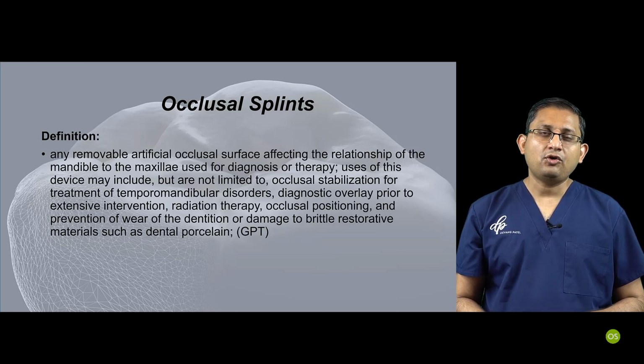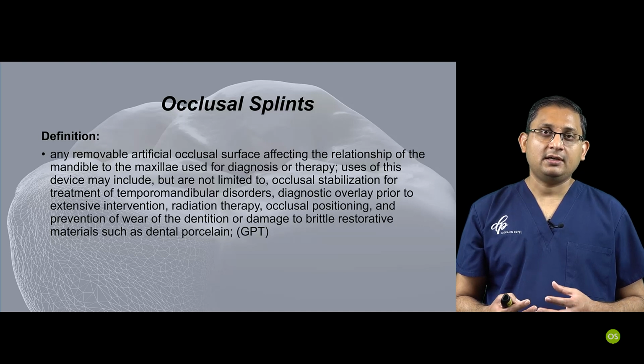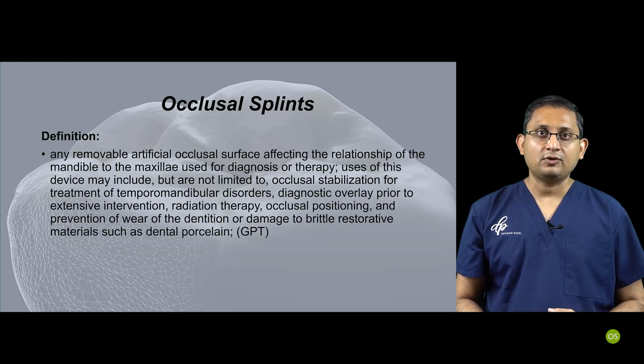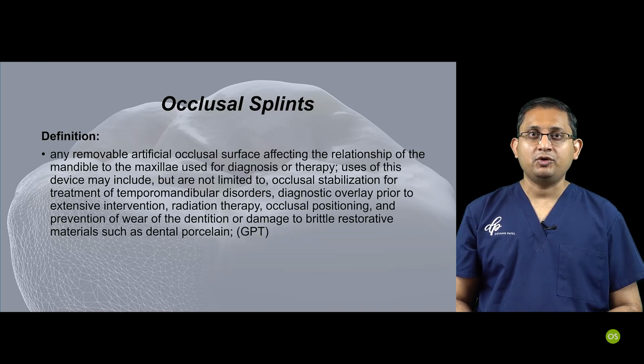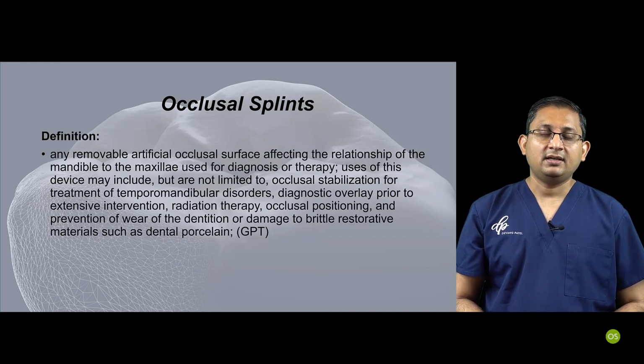So the definition almost includes the indications which occlusal splints can be used for, but it's not limited to that, and there are many more uses which we will discuss further in this lecture.